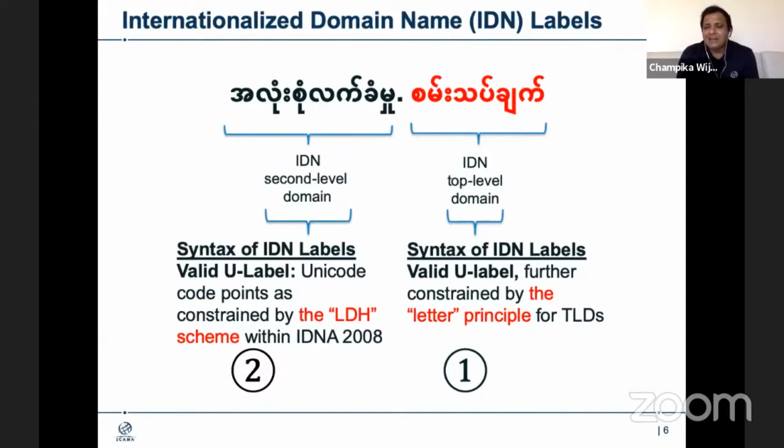So 2008 is the current standard. There was a standard before, the 2003 standard, which is now outdated. So in case you are involved in developing these applications, you should always be referring to the IDNA 2008 standard, not the 2003 standard, right?